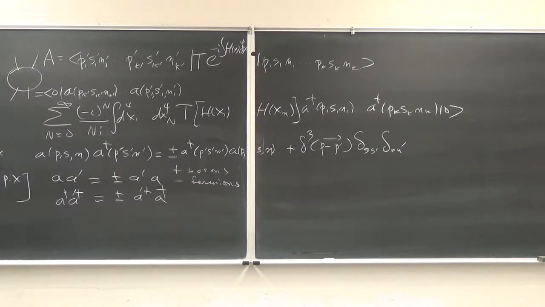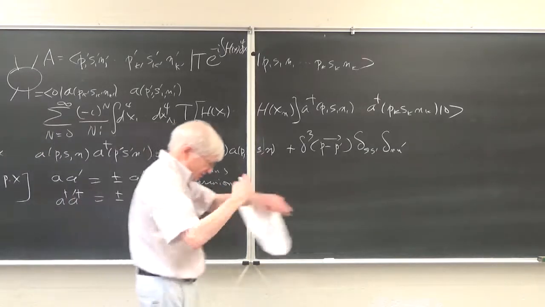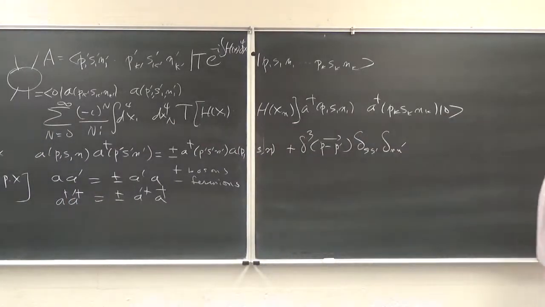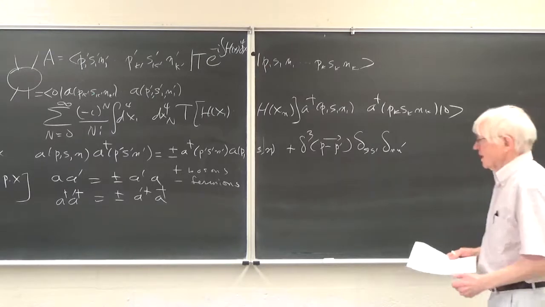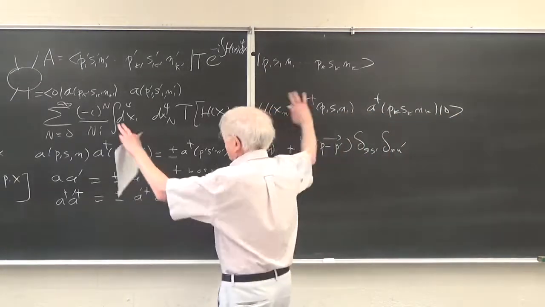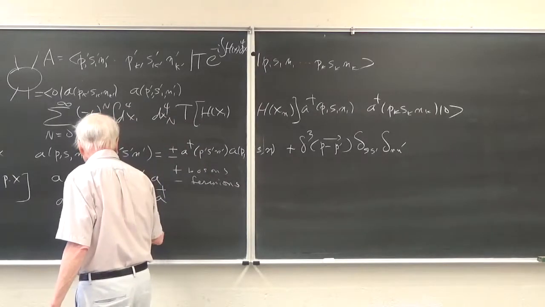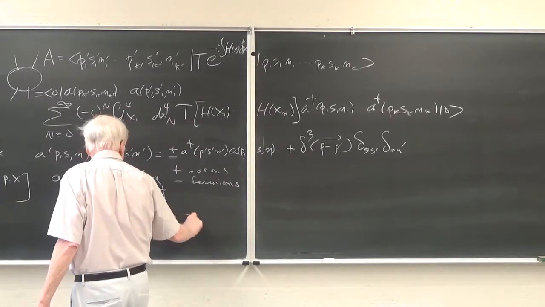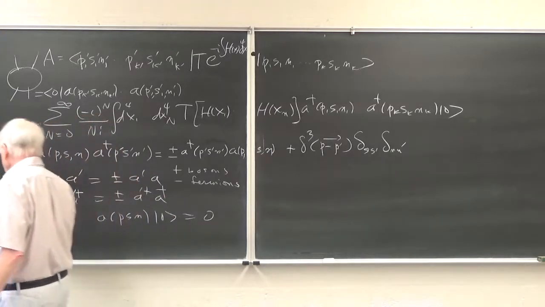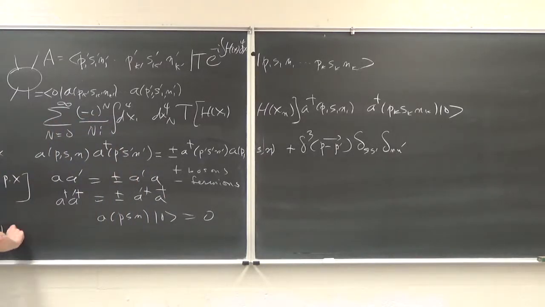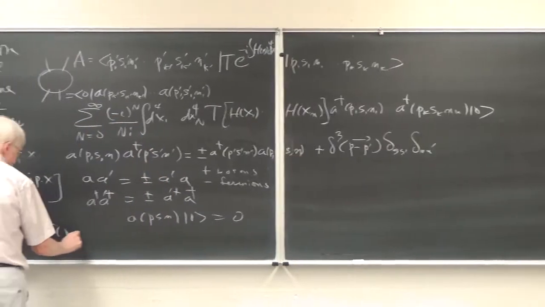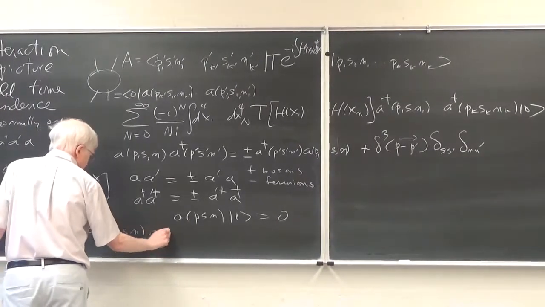So that's what you do. And of course, you might say, well, why are we doing this enormous moving around of annihilation and creation operators and making everything so complicated? Well, the reason is that the whole thing simplifies when you do that, because A of p s n on the vacuum is 0, and from the left, A dagger of p s n is also 0.